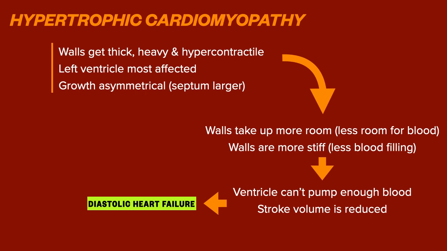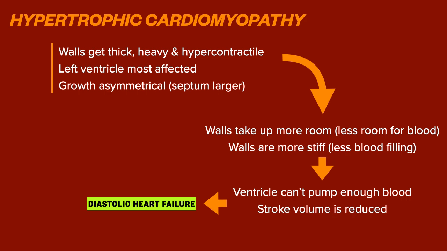These larger muscles do two things. First, the walls take up more room, so less blood is able to fill the ventricle, and they become more stiff and less compliant. So they can't stretch as much as they used to, and again, this leads to less filling.